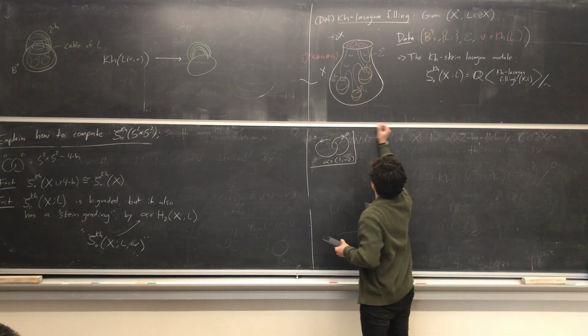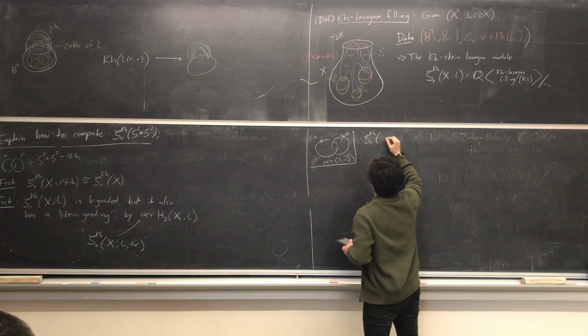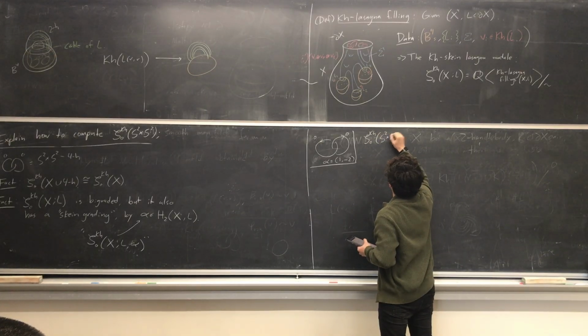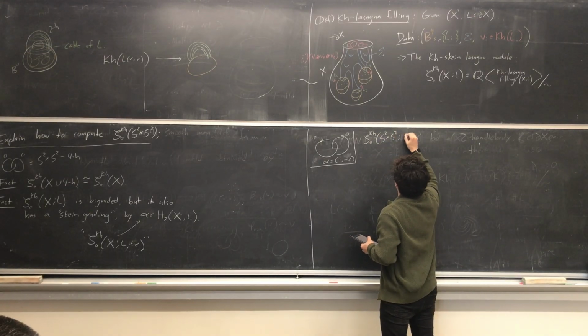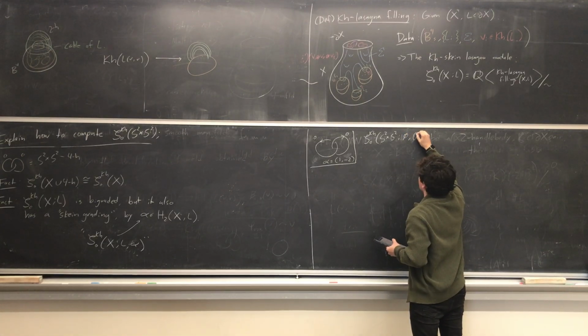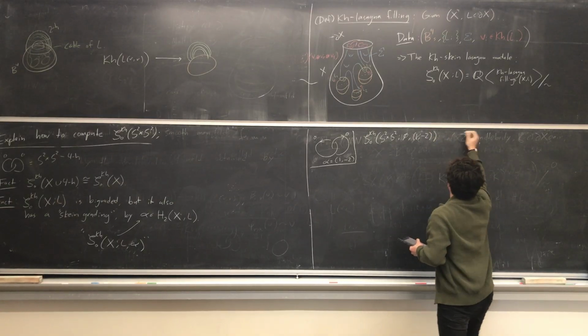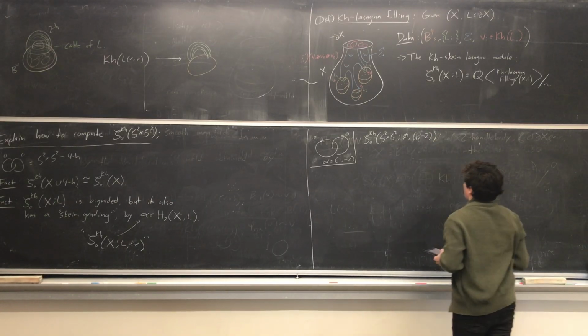And now we can compute the Khovanov lasagna module of S2 times S2. Nothing in the boundary. It's closed. And then Skein grading (1, -2) as follows.